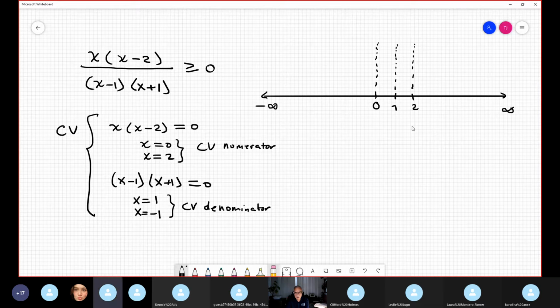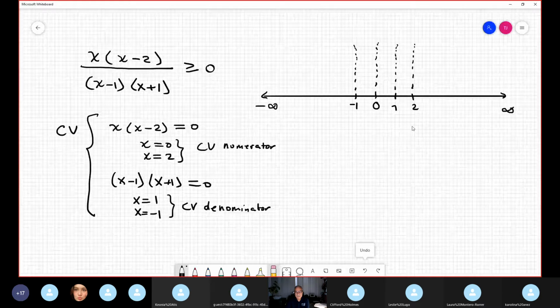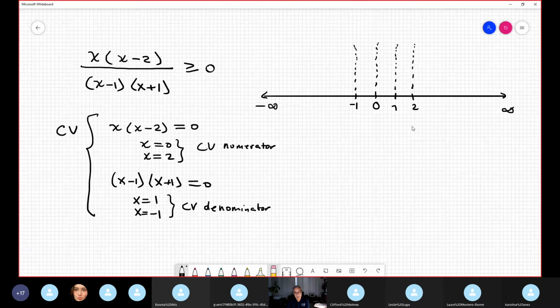Well, not exactly. And negative 1 is a critical value. In total, we have 1, 2, 3, 4 critical values. Therefore, we have 5 intervals. Okay, because you need to pick a totally arbitrary testing point inside.